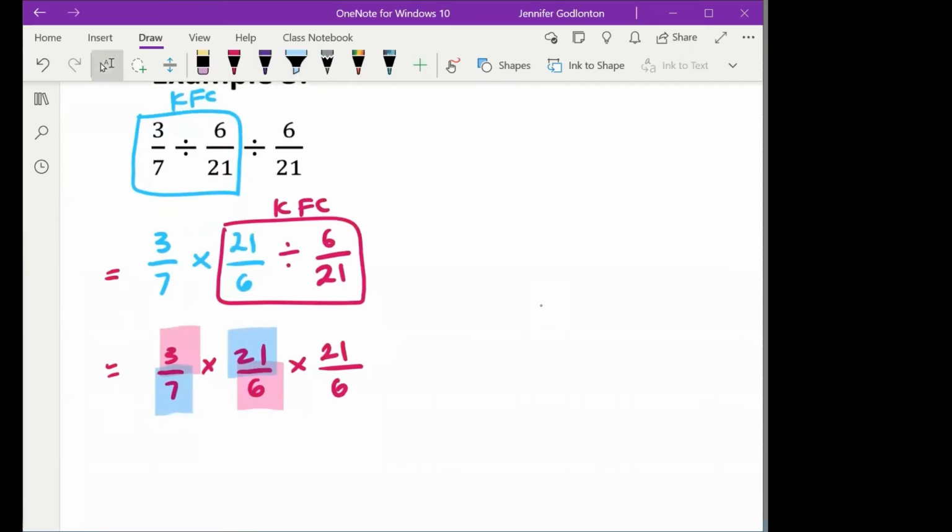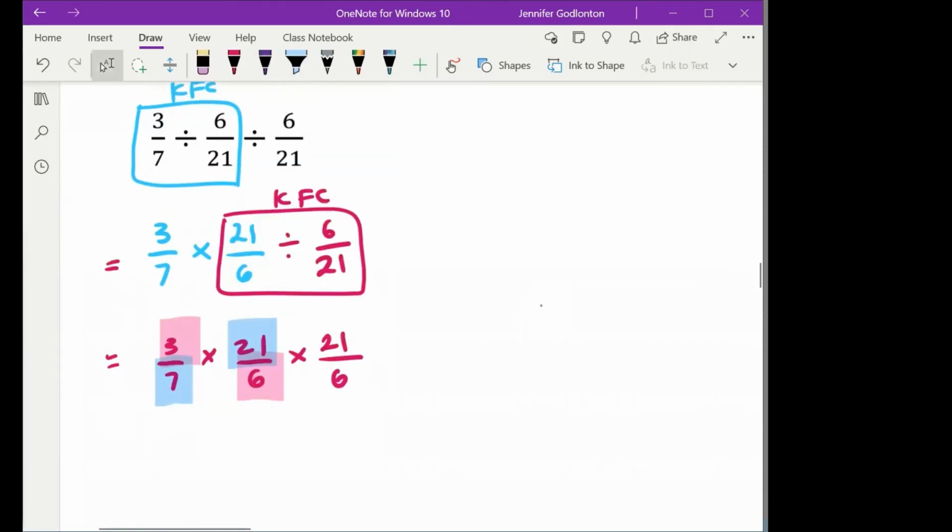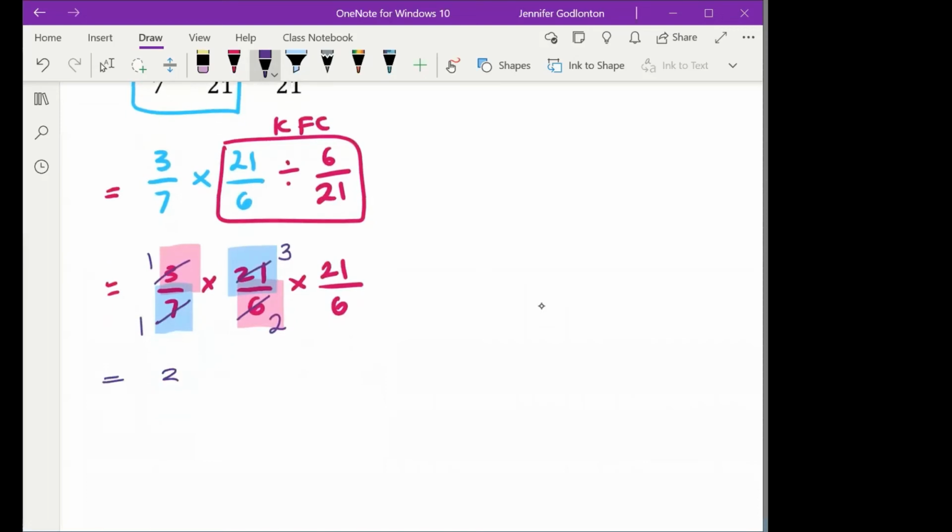Okay, let's have a look at what we would do here. 3 can go into itself 1 time and into 6 2 times. 7 can go into itself 1 time and into 21 3 times. I'm going to write that out as a separate step. So we have 3 over 2 times 21 over 6.